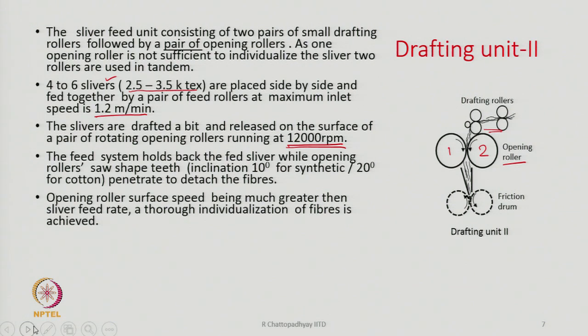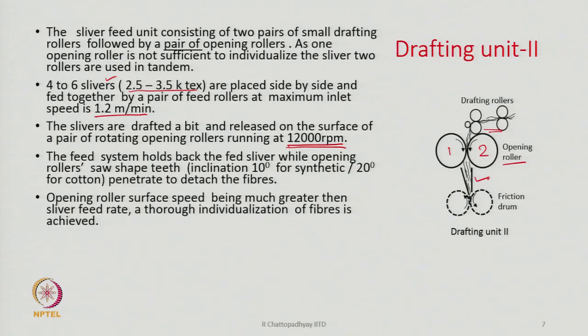So, as a result we get a very high individualization of fibers from the sliver. Now, the individualized fibers are made to pass through this transport channel. We will discuss the transport channel. That means we have to remove the fibers from the teeth of the opening roller.